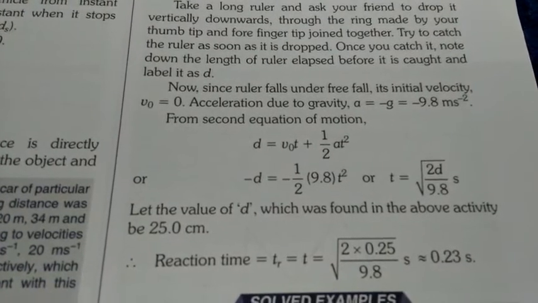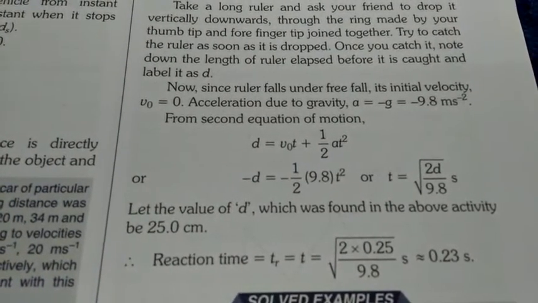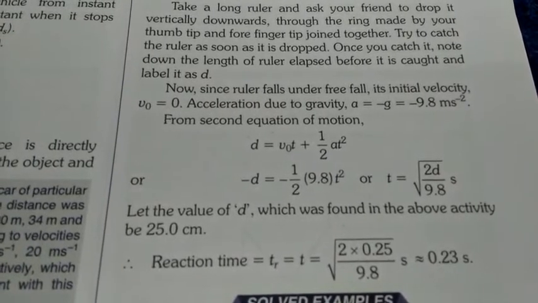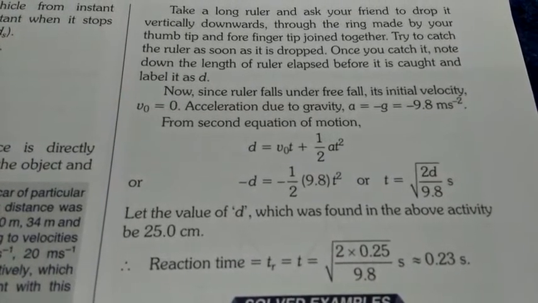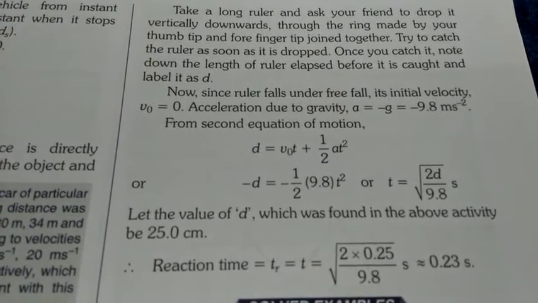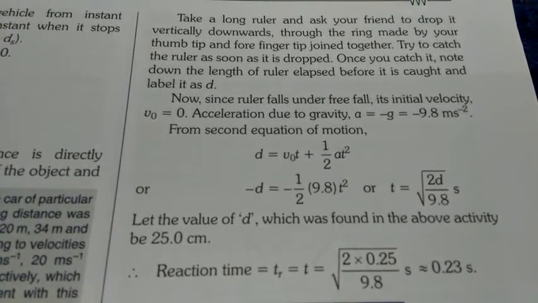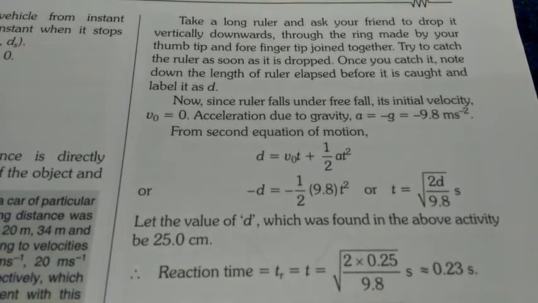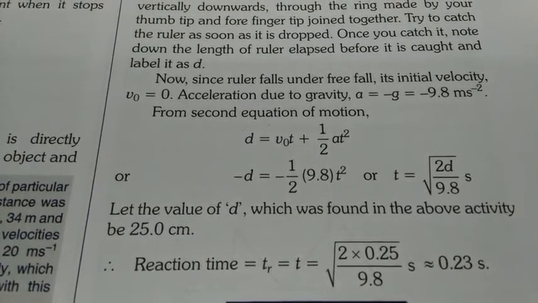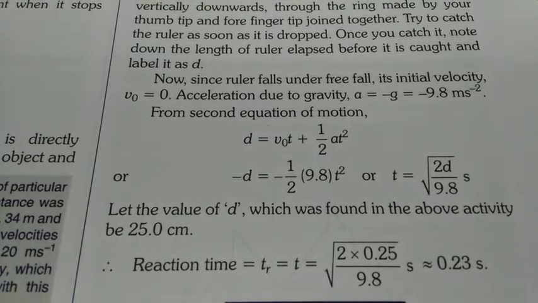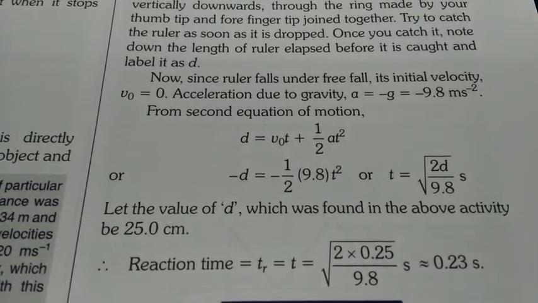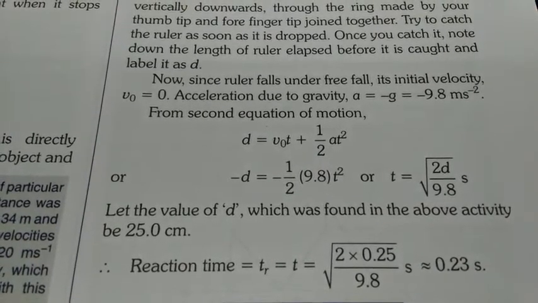So this equation is the formula for reaction time. Okay, by putting the value of the distance you can find out the reaction time of any object. Here in this activity the distance is 0.5 centimeter, so for that the reaction time will be 0.23 seconds.